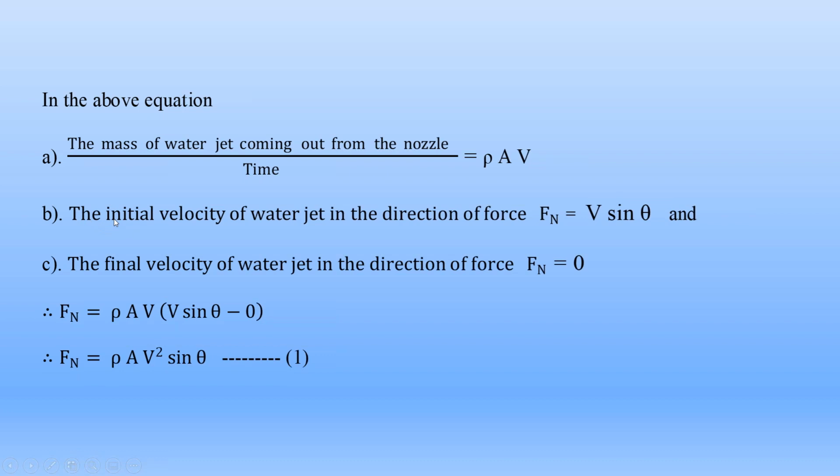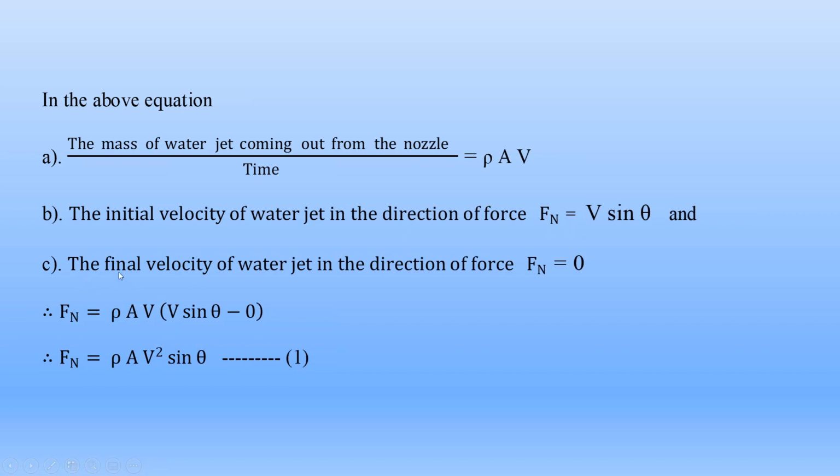Then the initial velocity of the water jet in the direction of force Fn is V sin theta, because the initial velocity Vi is V. With this force Fn direction, the initial velocity makes an angle of 90 minus theta. So the initial velocity of the water jet in the direction of force Fn is V cos(90 minus theta), that is V sin theta.